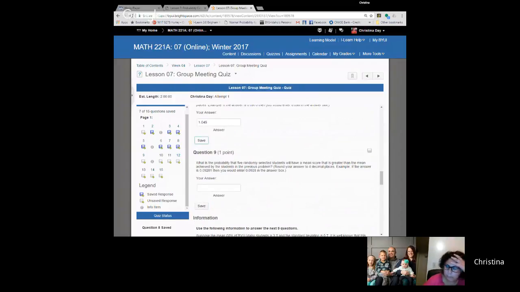Number 9. What's the probability that 5 randomly selected students will have a mean score that is greater than the mean achieved by the students in the previous problem? Okay, so the mean was 160, right? But it's what's the probability? This is where that new formula comes in.